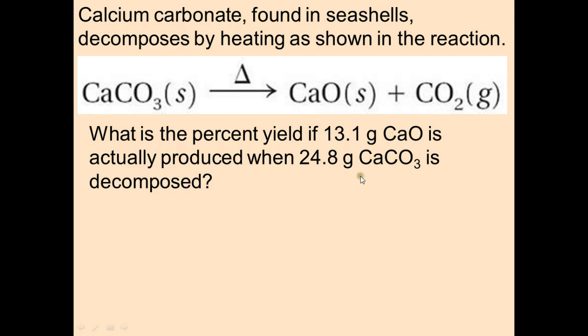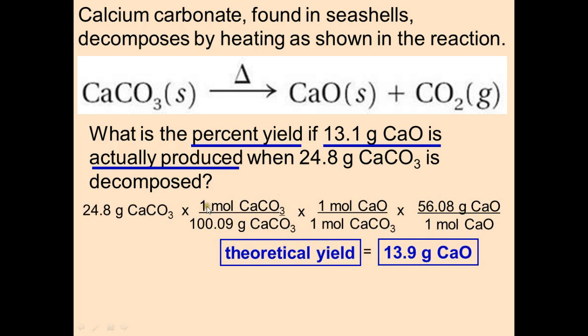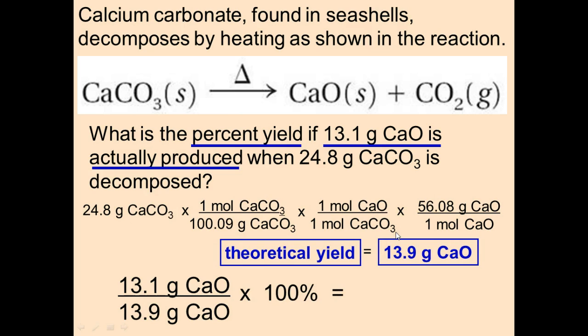We just calculated the theoretical yield a second ago, and this time it's asking for percent yield, which is the actual over what we calculated, times 100%. So we do what the formula says: actual over theoretical, which we calculated from the last slide, then multiply by 100%, and we get 94.2%.